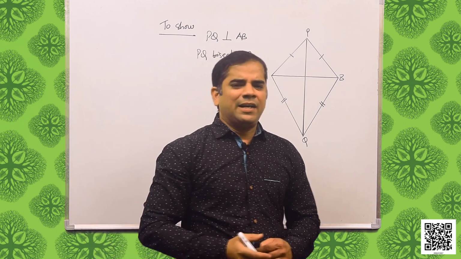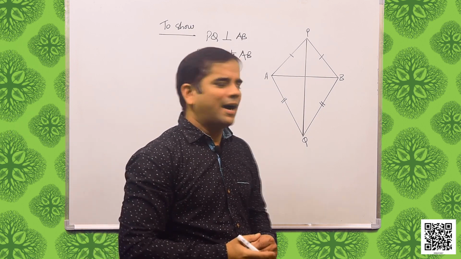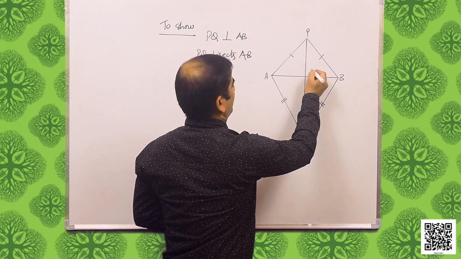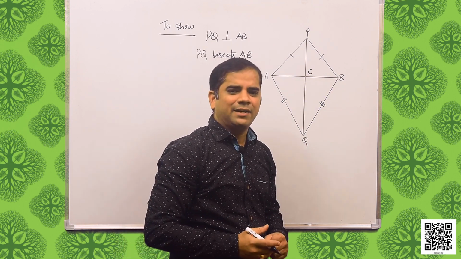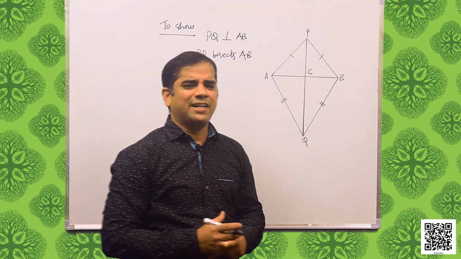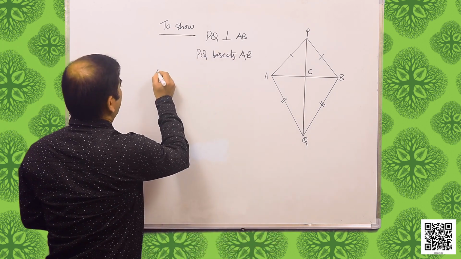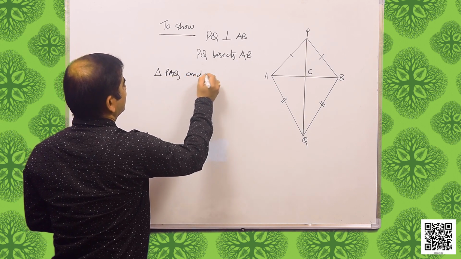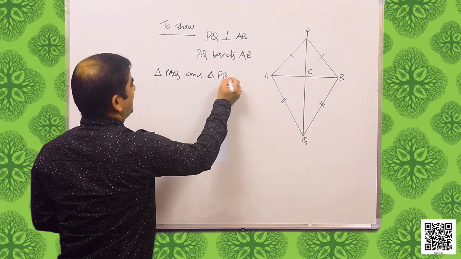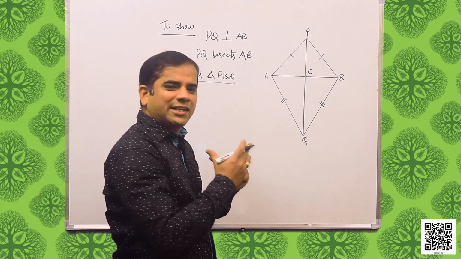So, let us say that PQ intersects AB at C. Let us take triangle PAQ and triangle PBQ. In these two triangles, what data we have?